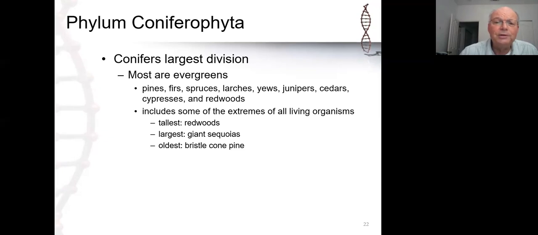So even in the middle of winter, if it warms up and there's enough sunlight, they can continue to carry out photosynthesis because they still have their leaves attached. And their leaves, being needles, resist freezing and also resist the accumulation of snow, so they're not going to break their branches and lose their leaves that way. So all in all, conifers truly are adapted to this sort of an environment.